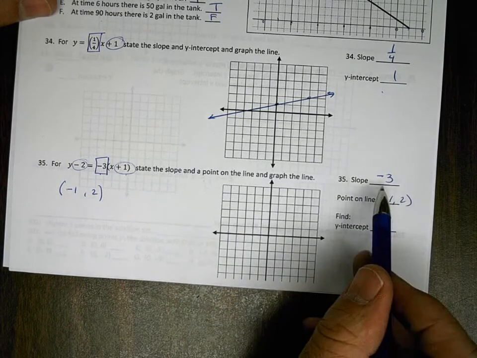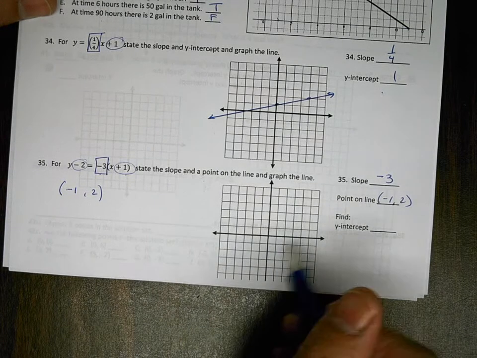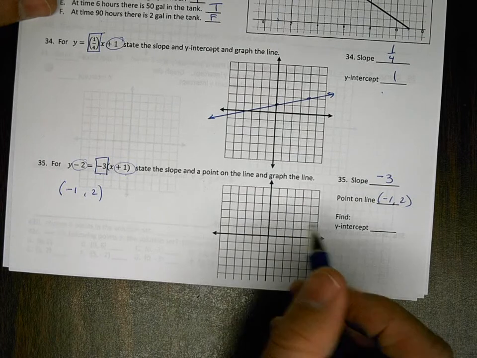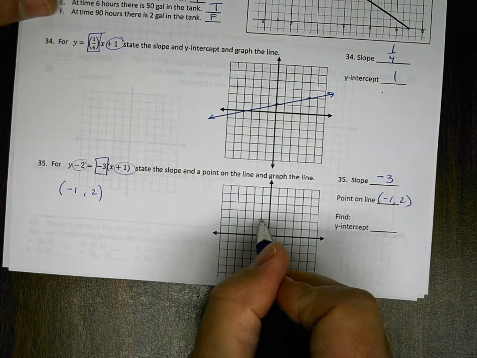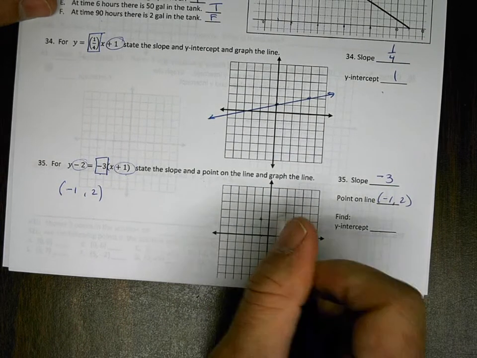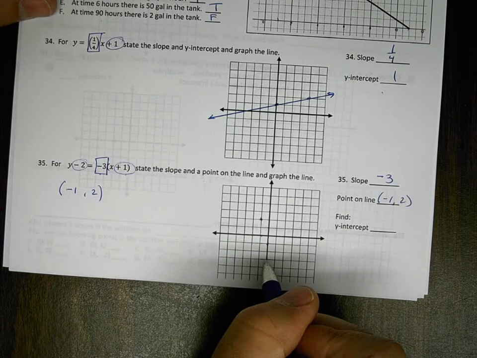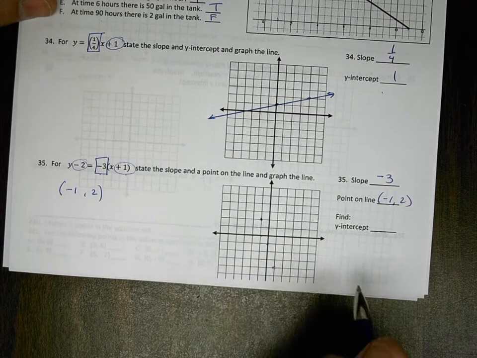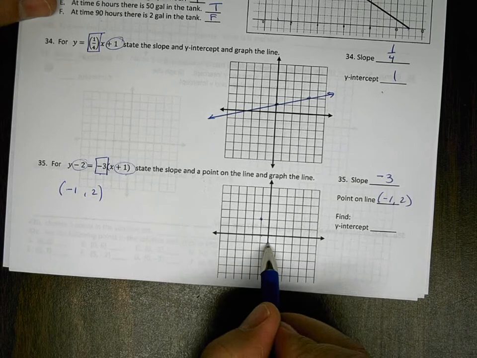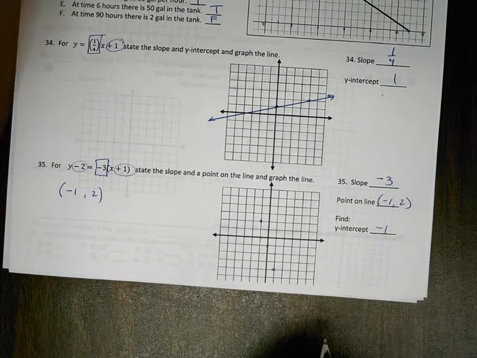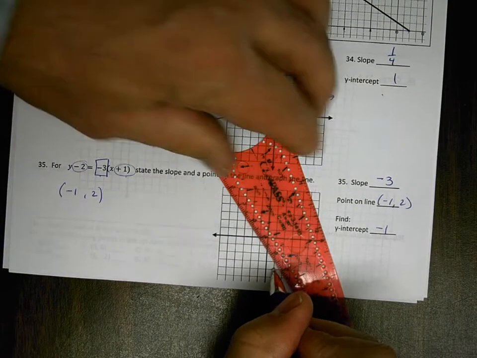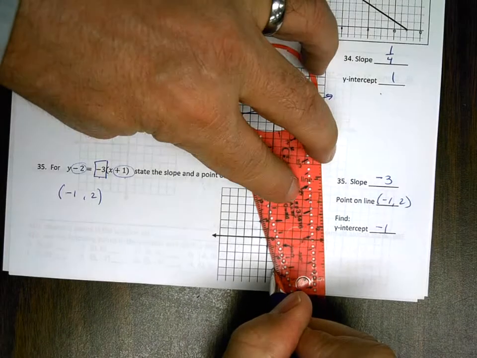So -3 slope and a point -1, 2 would be right here. And a -3 slope would mean down 3 over 1, down 3 over 1. And they want the y-intercept, which is going to be -1. And now we'll just go ahead and graph these points, or actually draw a line through those points.